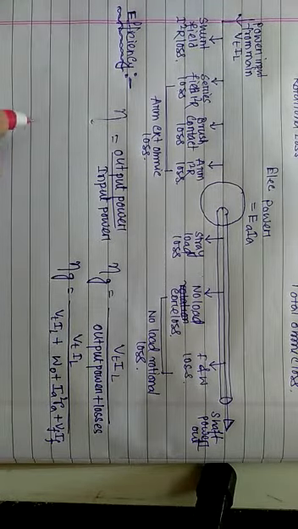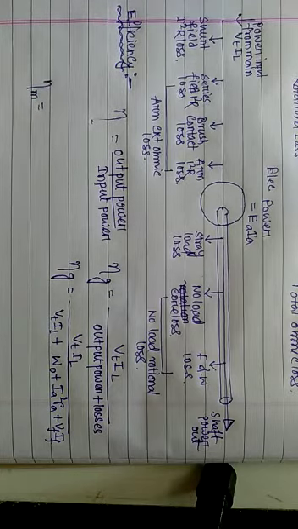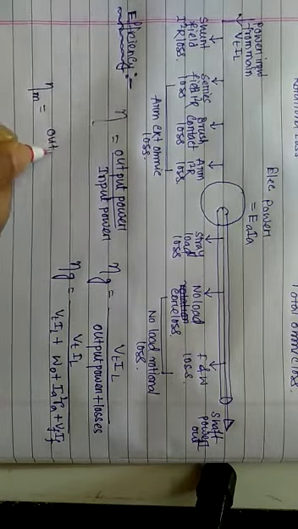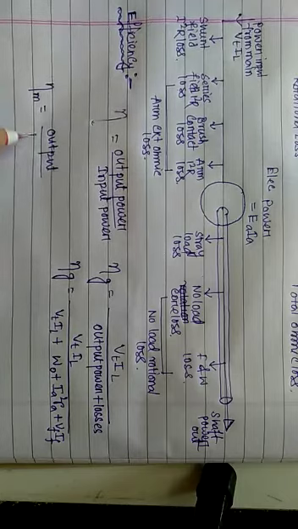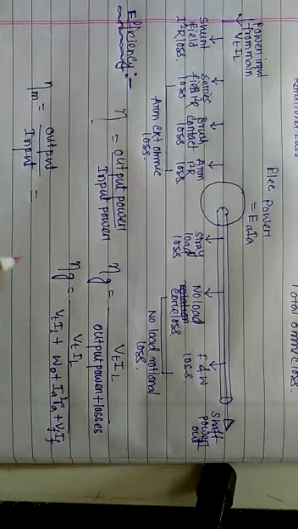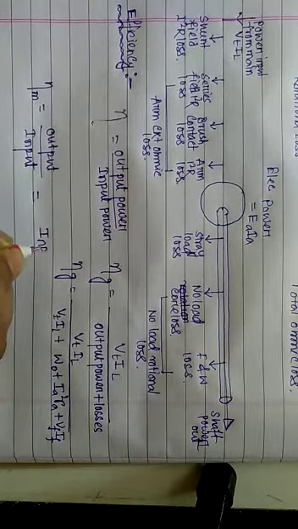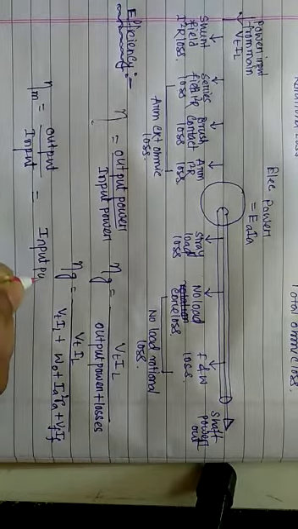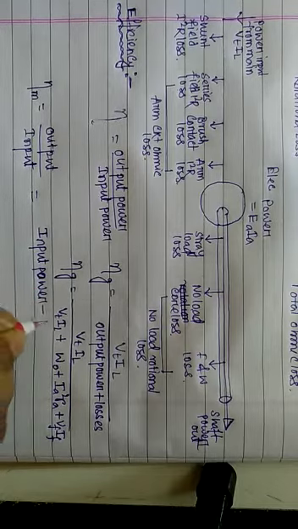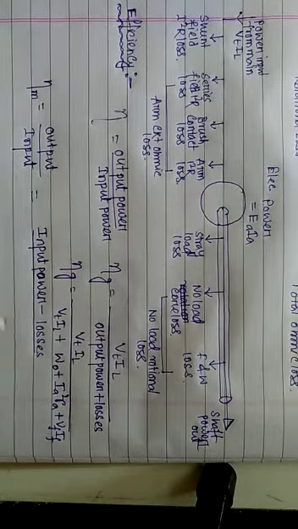Okay, now in case of a motor, we again know that the efficiency is output power divided by input power. In a motor the input power is Vt into IL, so input power minus losses, divided by input power.